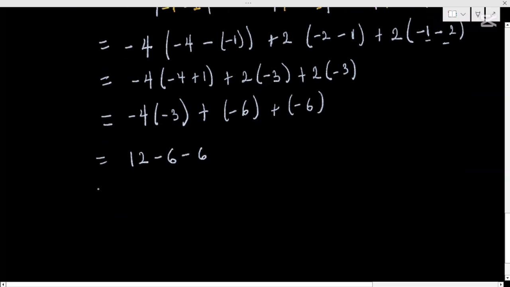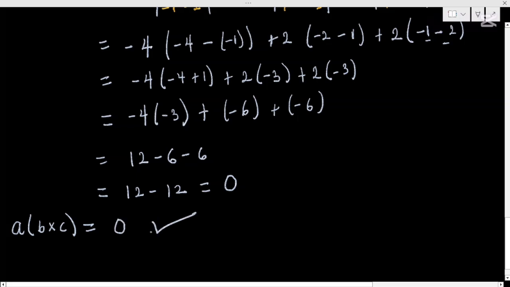We have that's equal to 12 minus 12, which is equal to 0. So we have confirmed that our scalar triple product A dot B cross C is equal to 0, which means that the three vectors A, B, C are coplanar vectors. It's as simple as that.